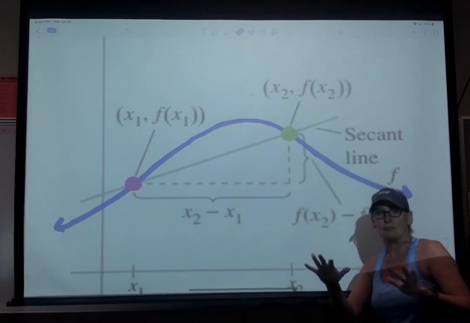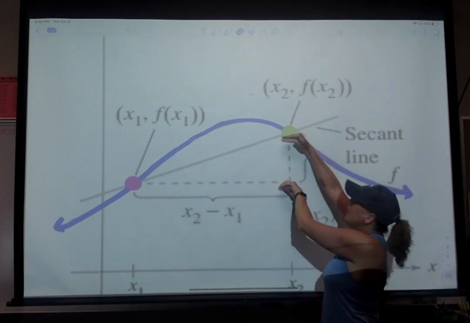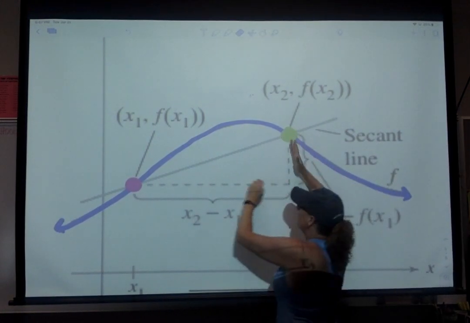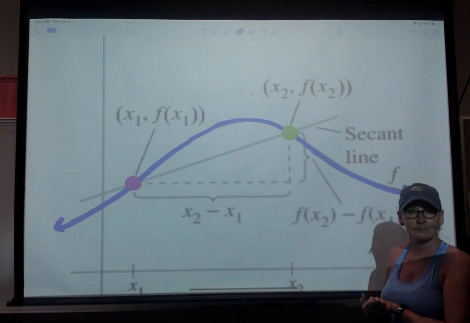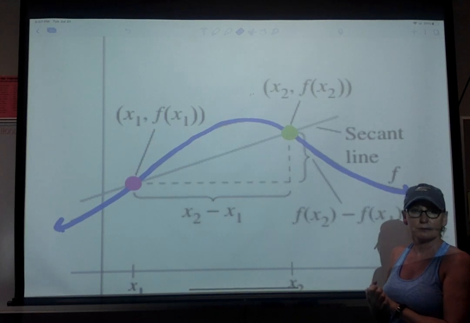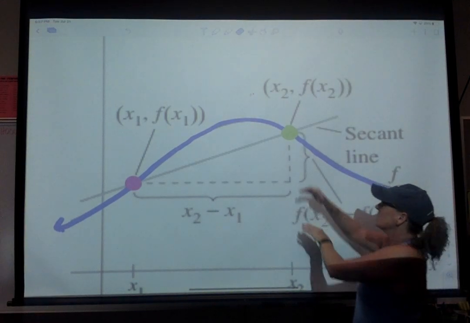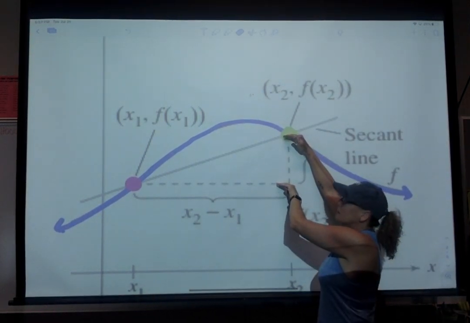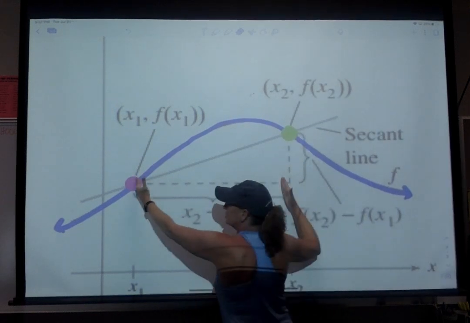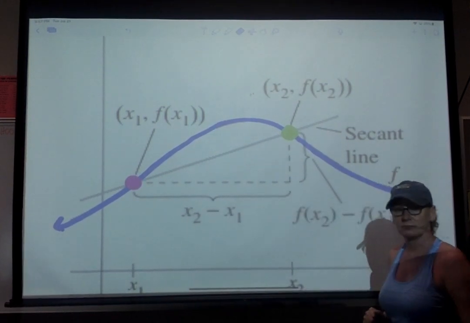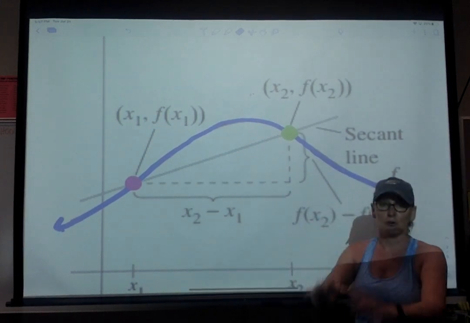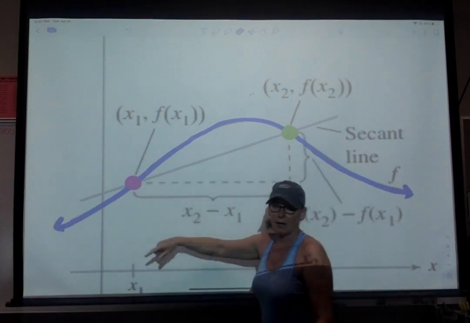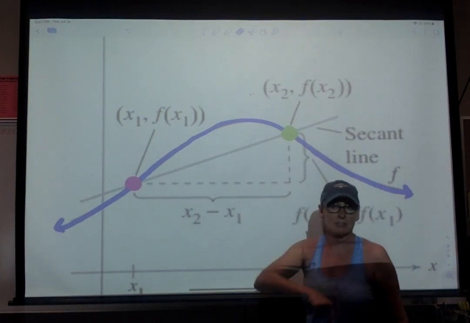So on average, you can say the y's changed this amount and the x's changed this amount. Yes? That's slope. Change in y, compare it to change in x. What do you know about slope? Here's what you know about slope. Give me that point, I'll do my slope formula.